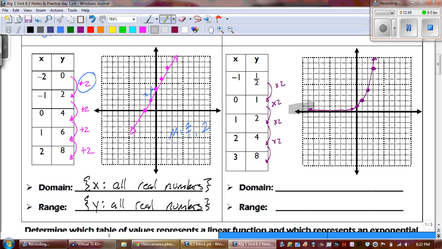On our graph from left to right, does it ever stop? Can we keep going to the left, left, left? Well, yeah, that's the direction the graph's going. And we can keep going to the right, right, right as far as we want to. So the x, the domain, it's actually the same. It can be all real numbers.